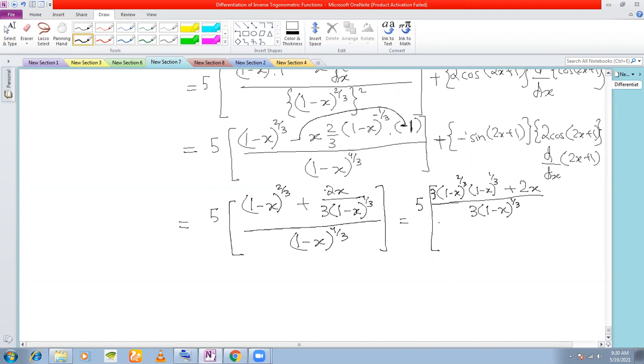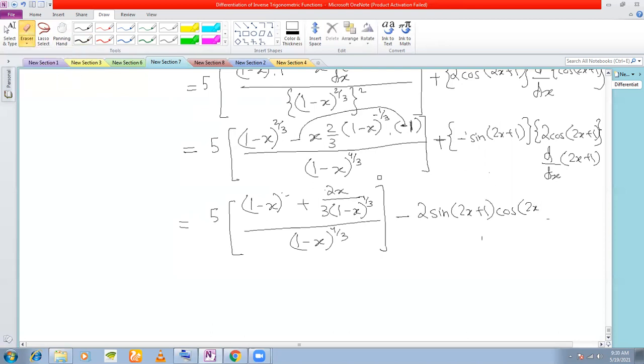Okay, whole divided by... Oh, sorry, I forgot to write the second part. So you also have a minus twice sine(2x plus 1) cos(2x plus 1) into d/dx of (2x plus 1), which is simply 2, right?